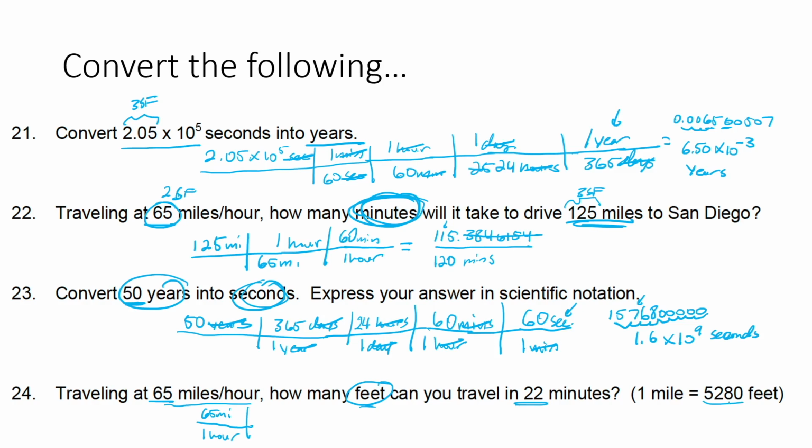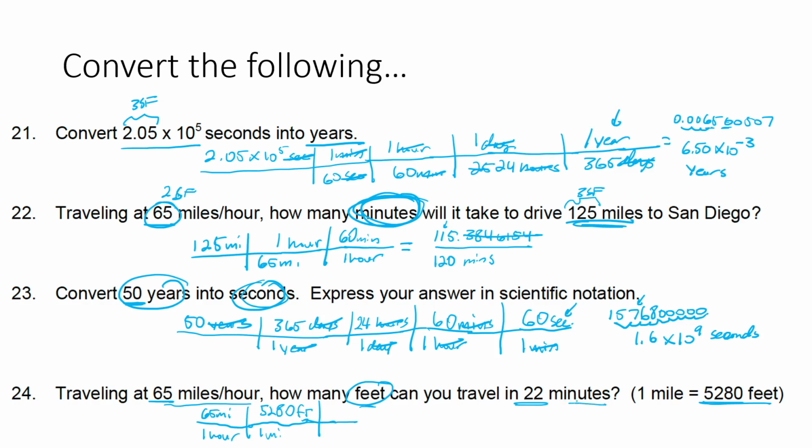I have a little helpful hint right there, a conversion. For every 1 mile, there is 5280 feet. Okay, and just keep on going with your dimensional analysis.